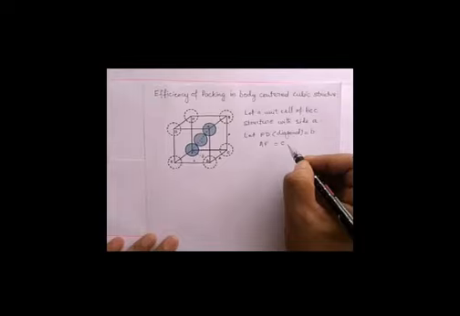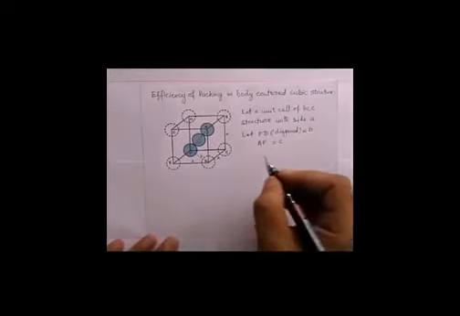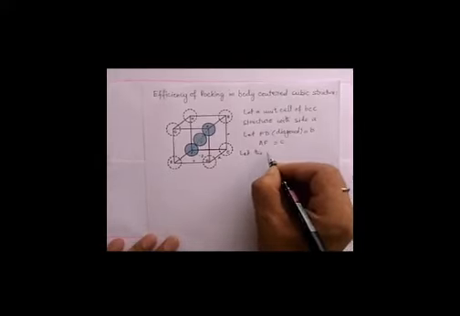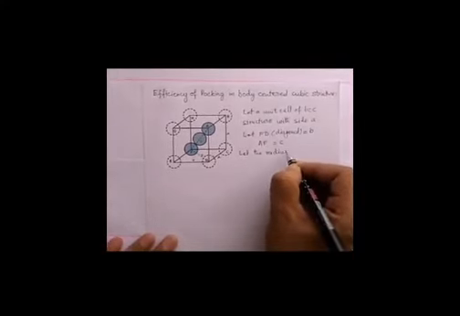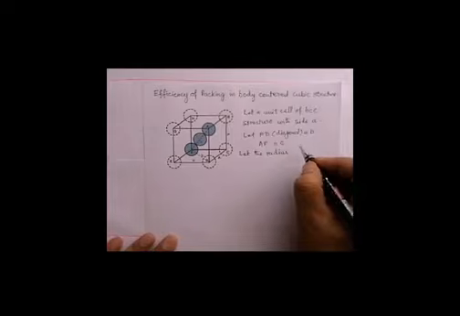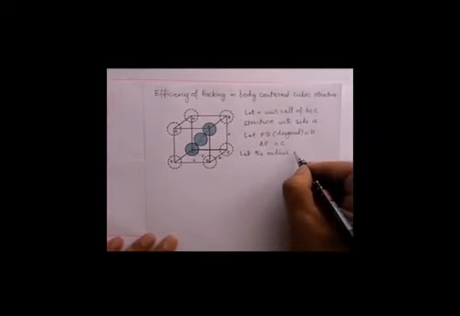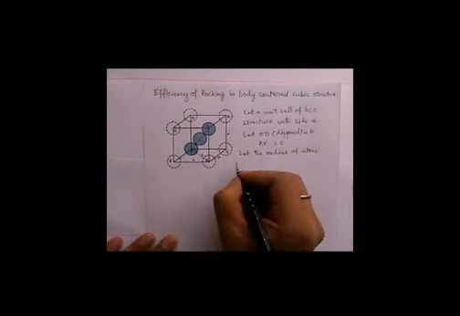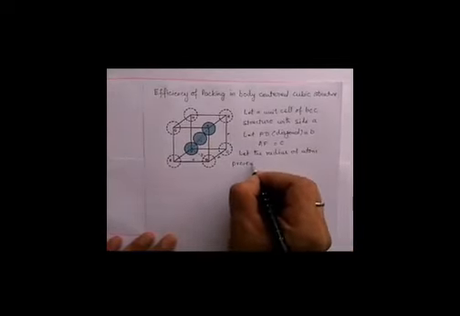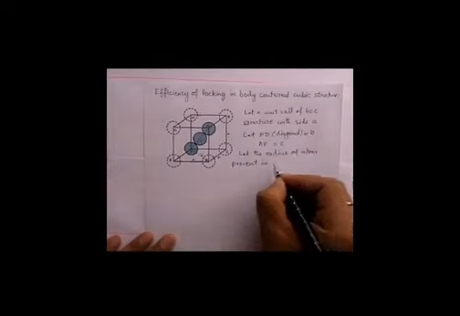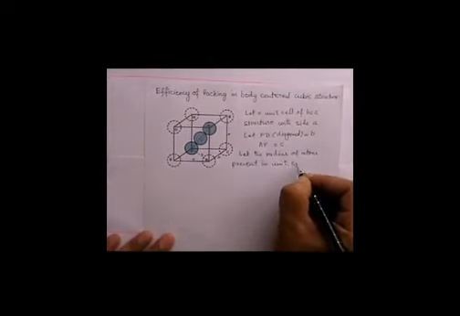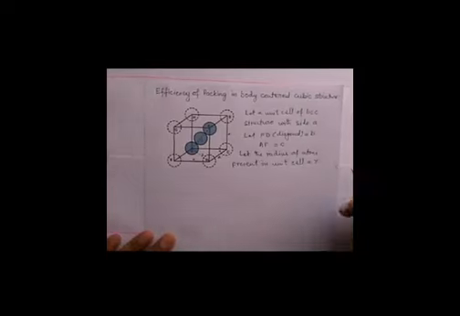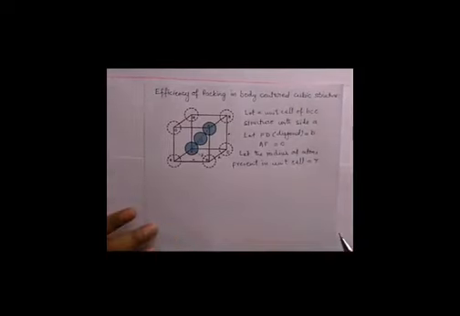Take it to be BC. Take the radius of the atom present in the unit cell to be R. Now start.